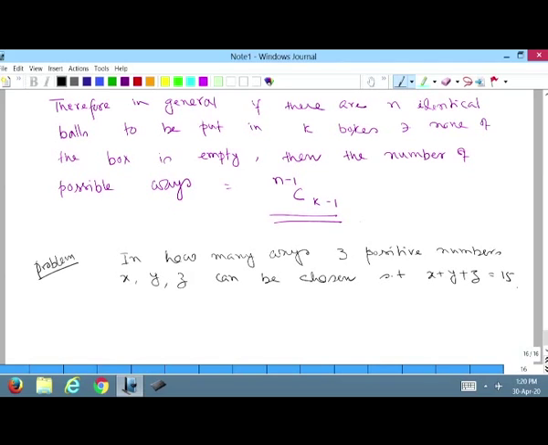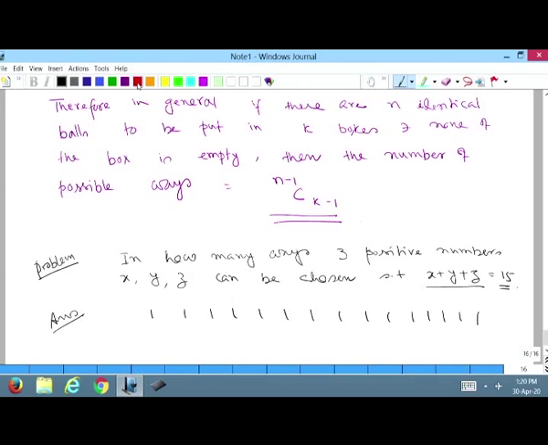Suppose this is the problem, then we can easily break it into a similar ball and box problem. So, consider 15 ones. We may consider them to be identical ones because they are the same. Now, I have to find out three numbers such that their sum is 15.